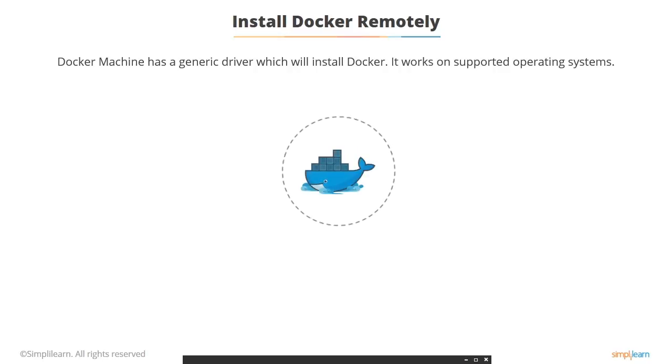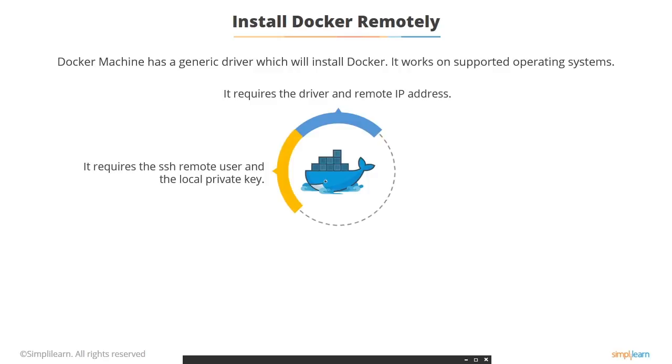So what this is doing is creating a Docker machine, and we're saying use a generic driver, specifying the IP address of the machine, specifying the remote user of the machine, and then specifying the private key of the user, which you copied over to the other one.